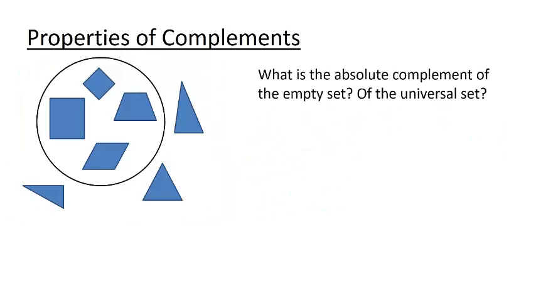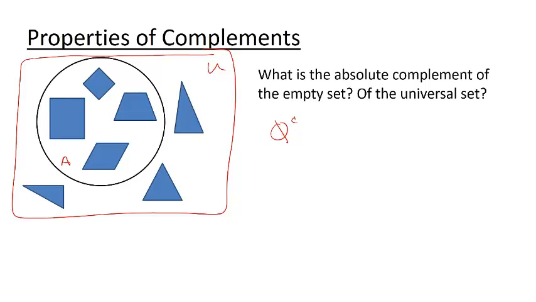Our last properties have to do with the universal set U as well as the empty set. So what do you think the absolute complement of the empty set is? Well, this should be all of the elements inside of U that aren't in the empty set, but the empty set doesn't have anything in it, so the absolute complement of the empty set is going to be all of the elements, or U. What do you think the absolute complement of the universal set is?